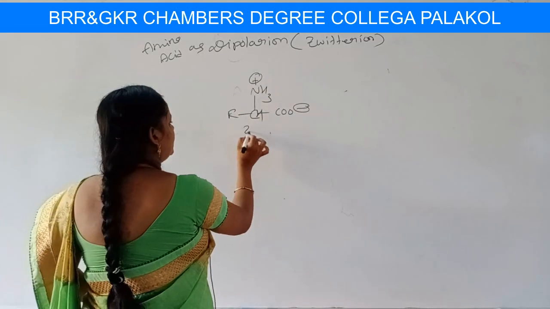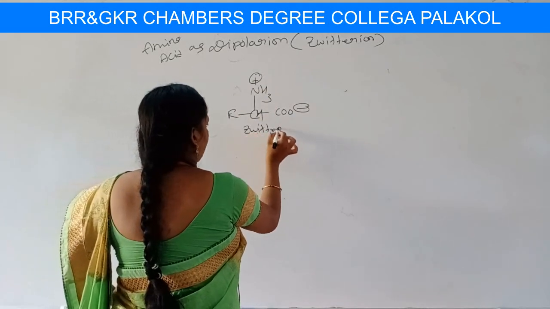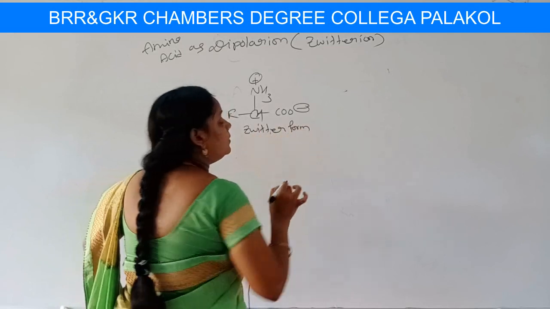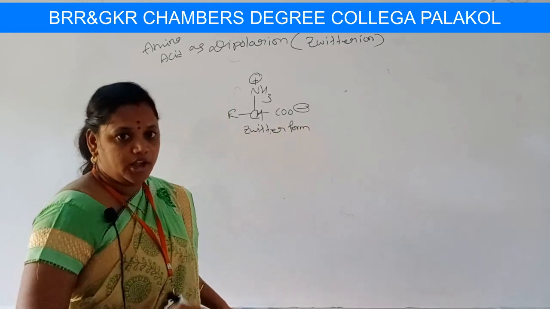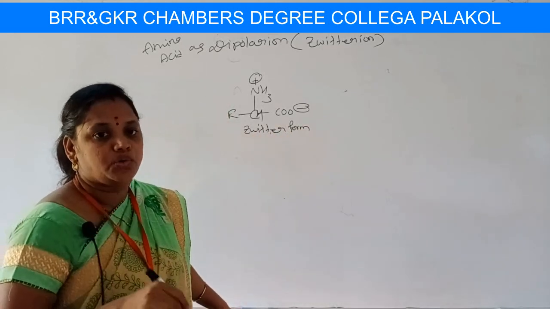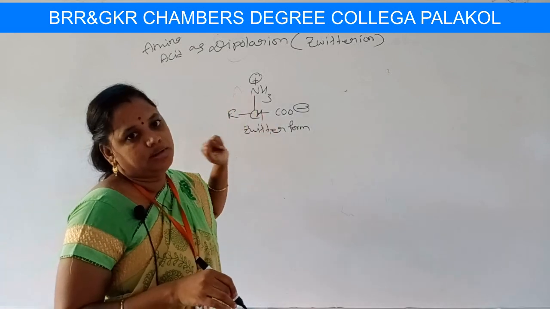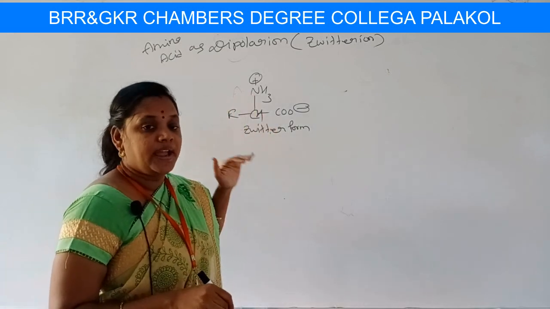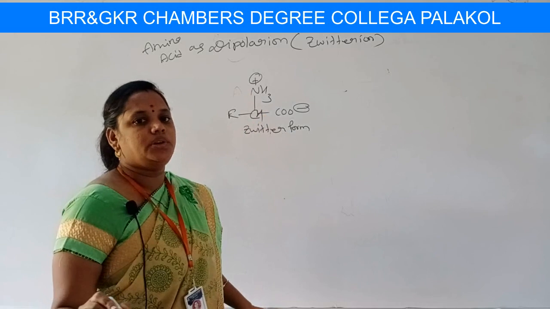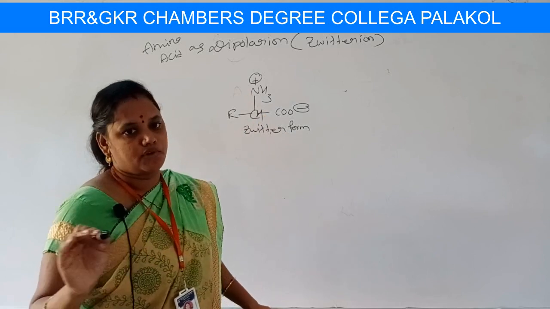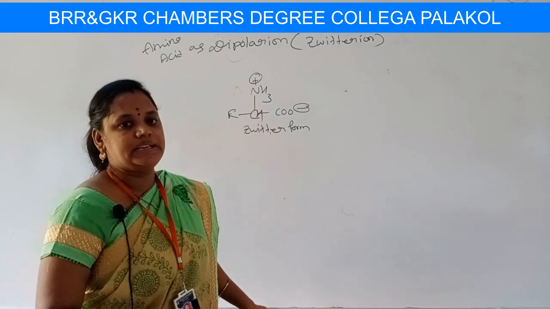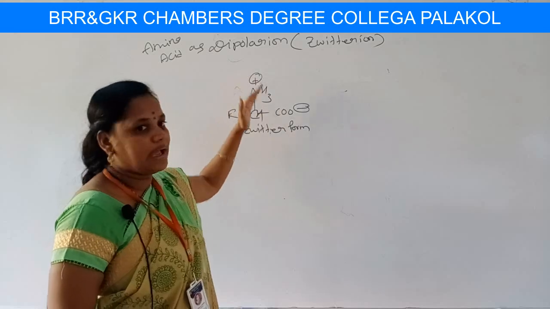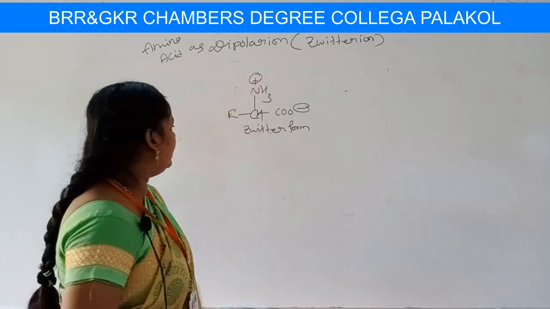I have written the Zwitter form. Now, the amphoteric nature of amino acid is due to this dipolar ion. The amphoteric nature of amino acid is not due to free NH2 and COOH group, but it is due to the dipolar ion.